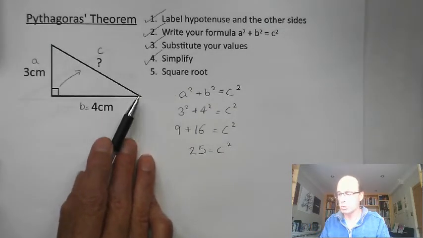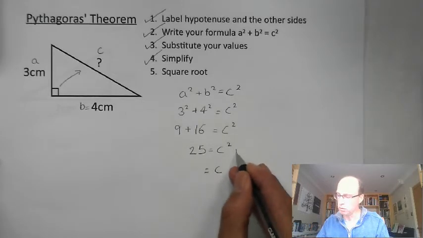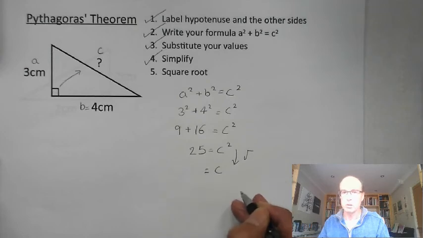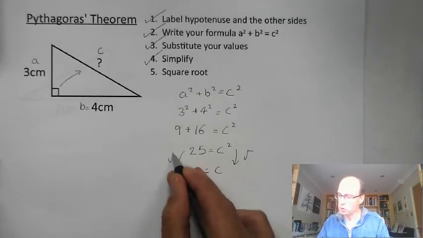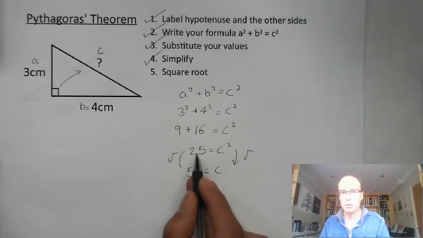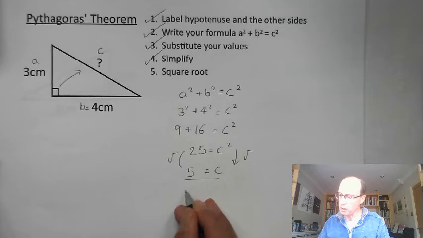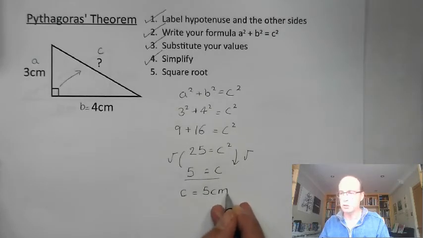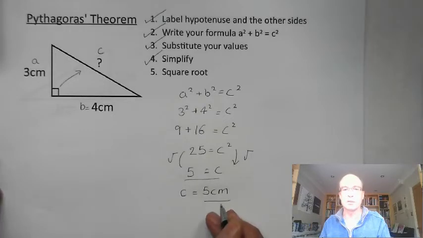So I don't want C squared, I want C. So to get from C squared to C, I need to square root. The square root of 25 is equal to 5. 5 lots of 5 equals 25. So my value of C is 5. I can rewrite that as C equals 5. I can remember my units. C equals 5 centimetres.